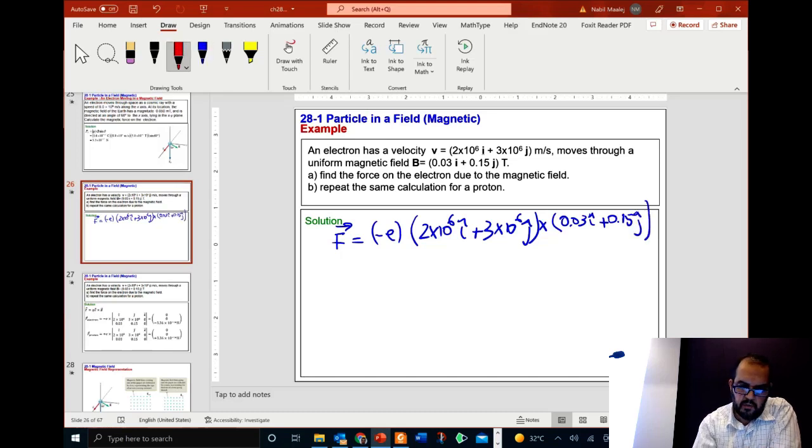Okay, so I can start with the cross product between I and I. These are two parallel vectors, so it will be 0, and this will be minus E. So 2 10 to the power 6 I crossed with 0.03 I will give you 0, because I crossed with I is 0.